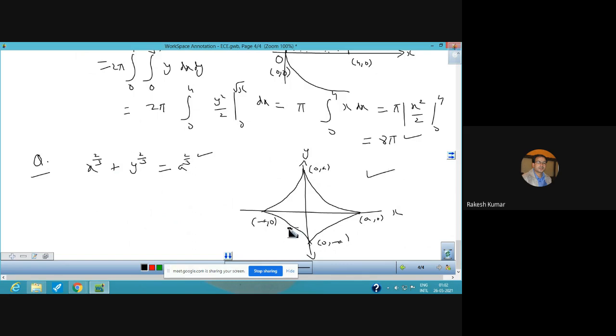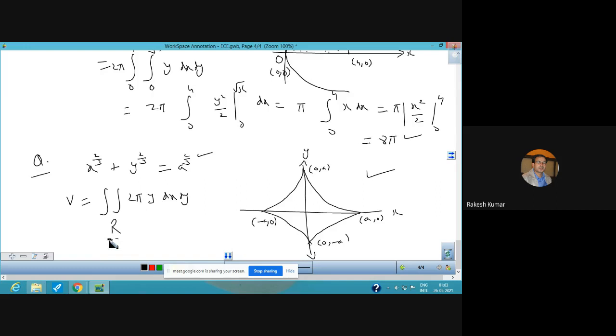Since the upper half and lower half are generating the same volume, clearly, because it is a symmetrical figure, we can consider the revolution by the upper half only, and your volume about x-axis over the region R is 2 pi y dx dy. So this is about x-axis.